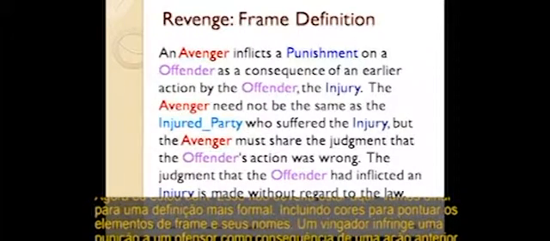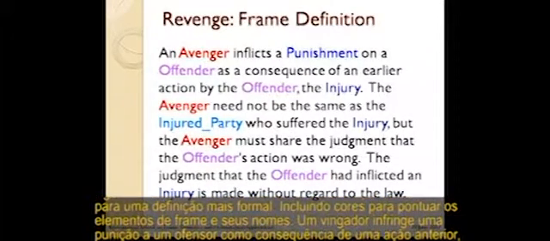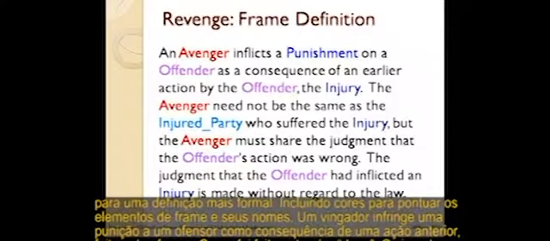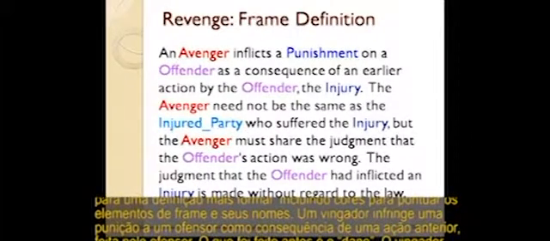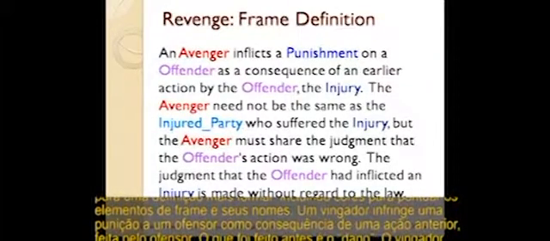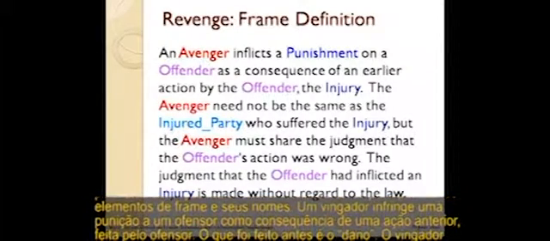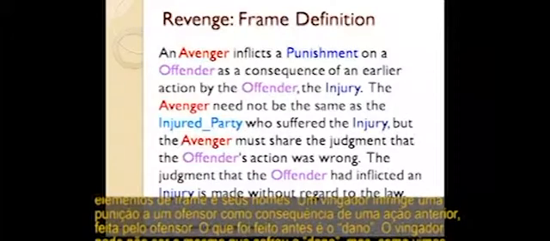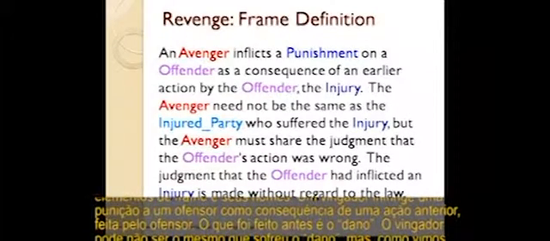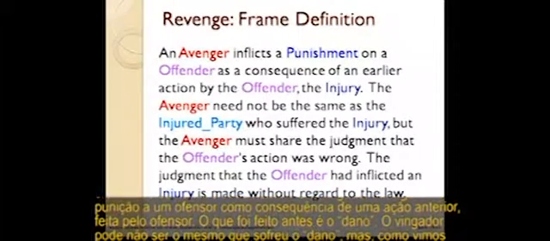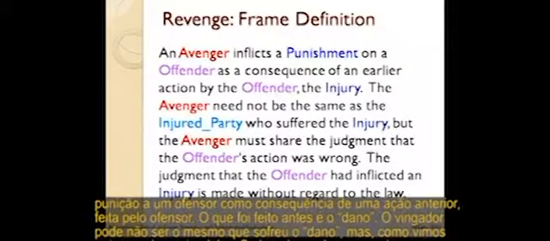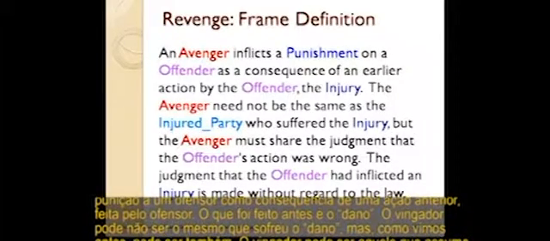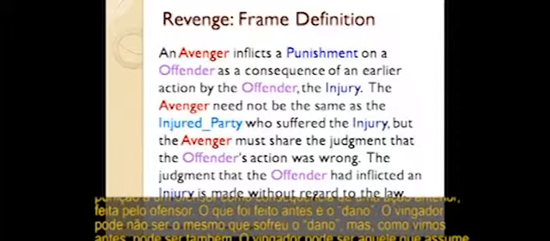Let's look at a more formal definition of the revenge frame, including colors to highlight the frame element names. An avenger inflicts a punishment on an offender as a consequence of an earlier action by the offender.